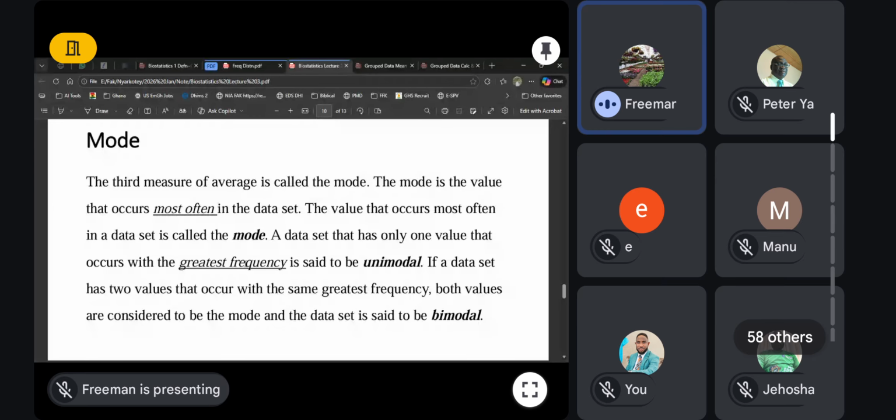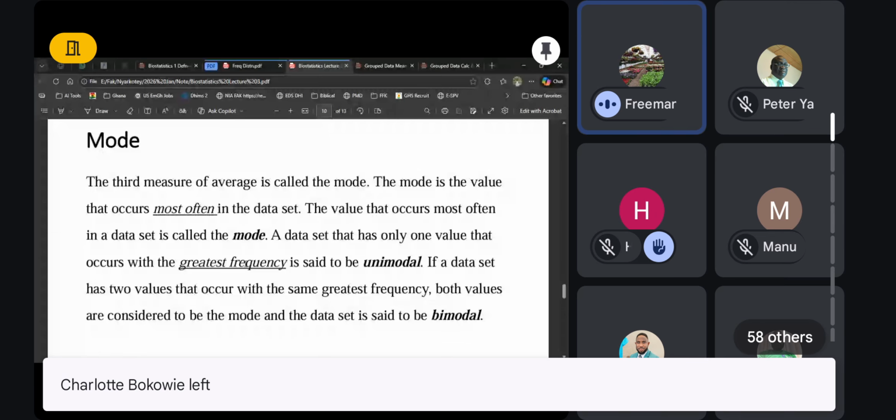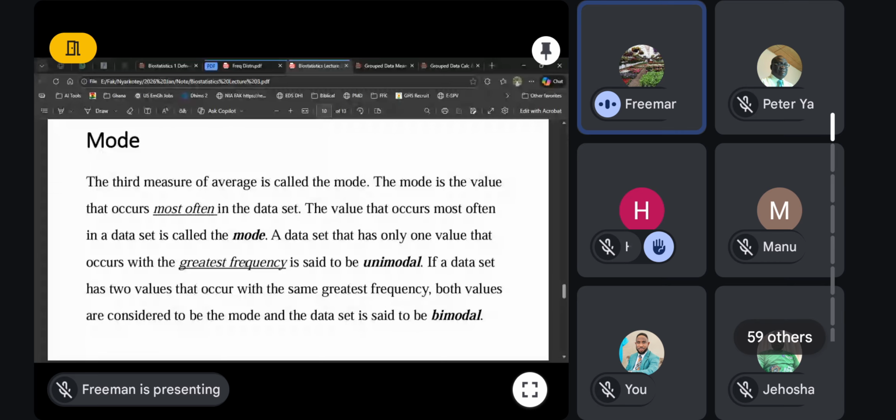Modal is an adjective. So we are saying modal because there are more than one. So we say the data set is multimodal.